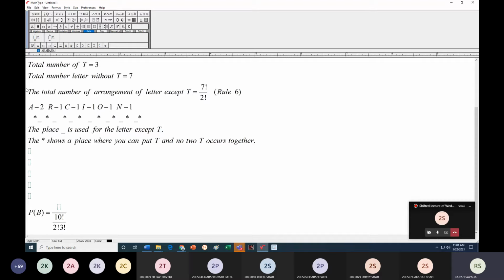Now look at this. How many places do you have where you can put T? 8.